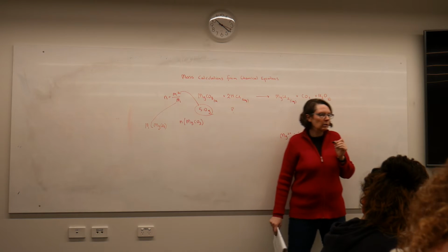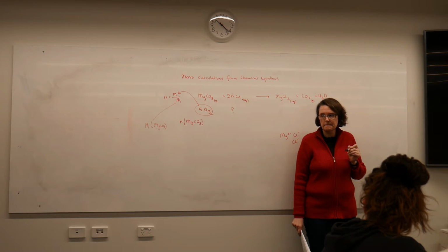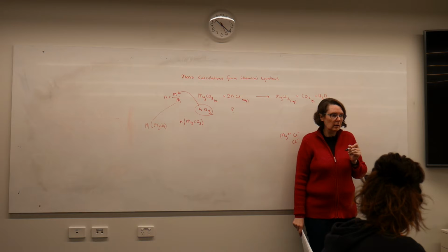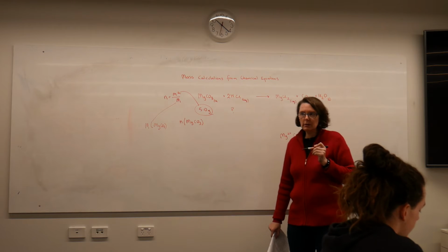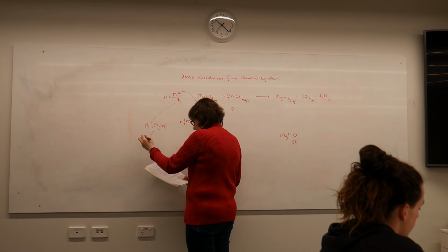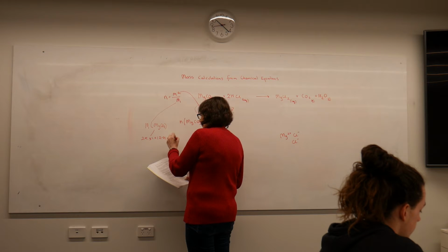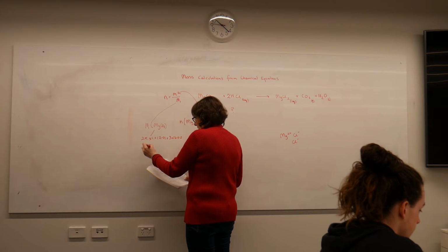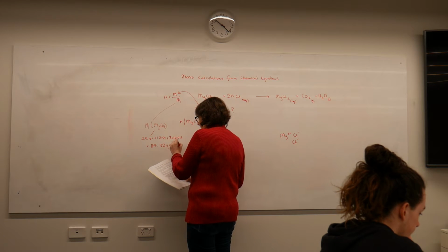How are we going to find the molar mass of magnesium carbonate? Add the individual atomic masses. So on our periodic table, we'll find the individual atomic masses and we add them together. So that is 24.31 plus 12.01 plus 3 times 16, which is 84.32 grams per mole.